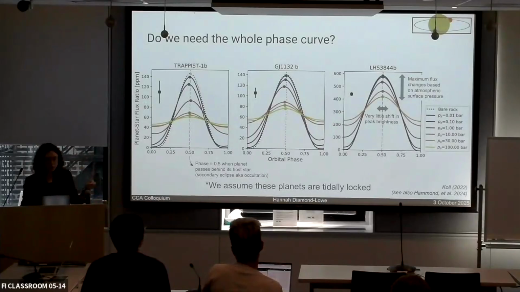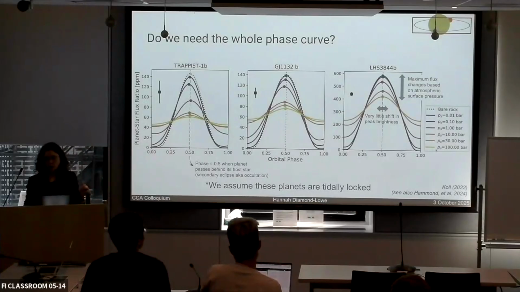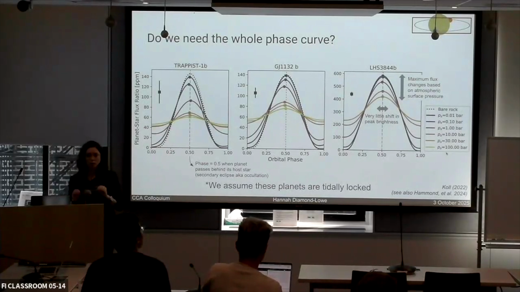As you can see, these are calculations done for 3 different real terrestrial rocky planets, and the different colors are different surface pressures. So 0.01 bar, that's a little bit more than the surface pressure of Mars, up to 100 bar, that's a little more than the surface pressure of Venus.